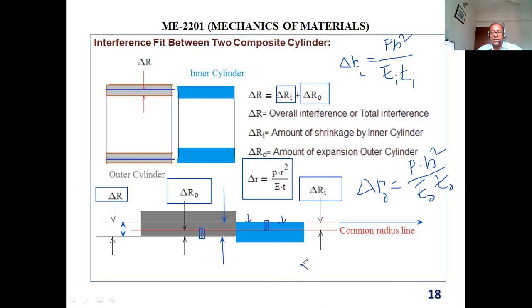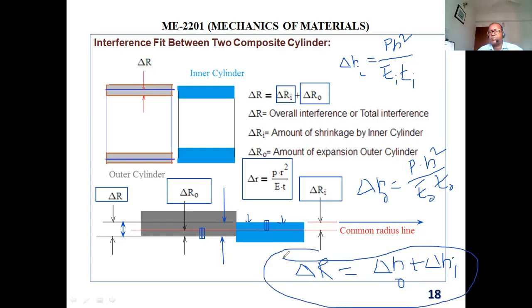Then if delta R is given, this is equal to delta R naught plus delta Ri. From this equation, you can easily calculate the value of P.